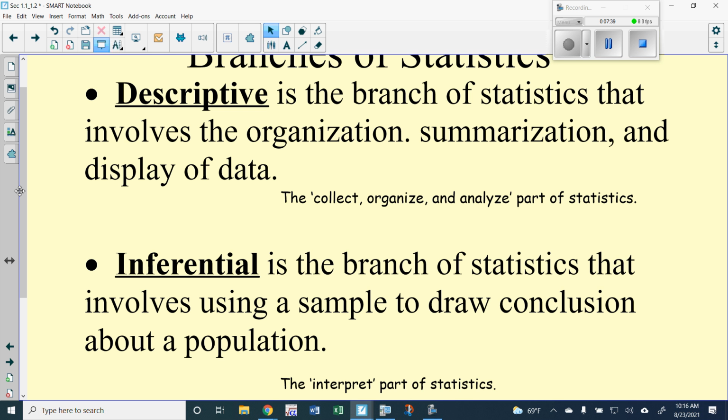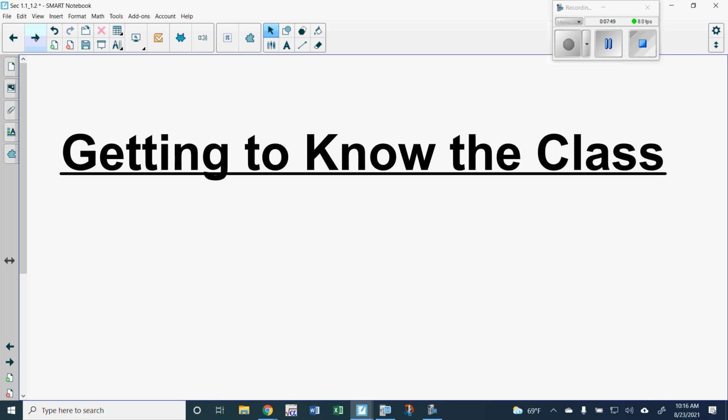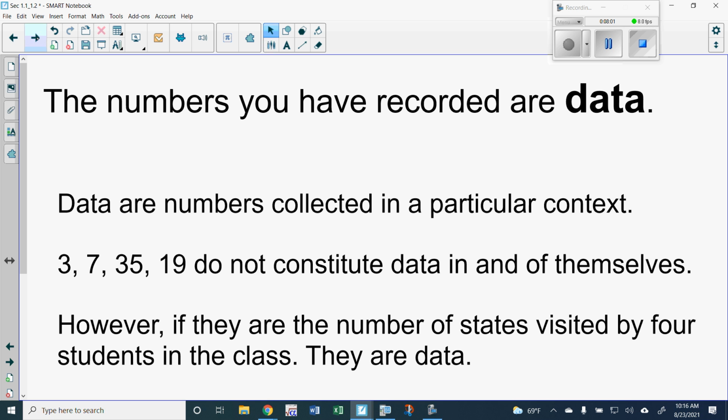All right. If you think about our getting to know the class, and all the questions that you have on here, all the numbers and the information we recorded are various forms of data. If I just had four numbers, 3, 7, 35, 19, that's not data by itself. It has to represent something, like the number of states you visited.